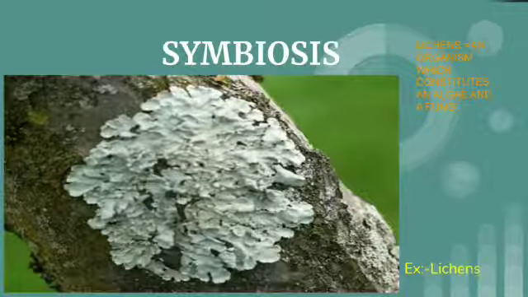The fungi provide shelter, water and nutrients to algae. In return, the algae offer food prepared by photosynthesis to the fungi. Here, lichen is made up of both algae and fungi, organisms living together and sharing both shelter and nutrients. This type of relationship is called symbiosis.